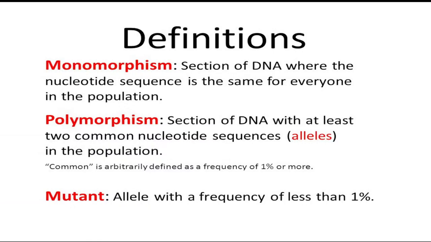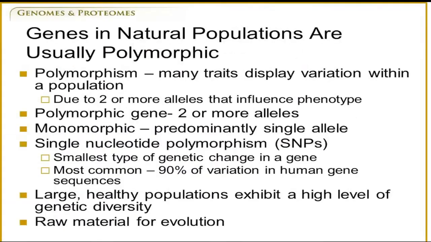Polymorphism plays a very important role in evolution because it provides the variation of characteristics in organisms of a population. So polymorphism and many traits display a variation within a population.